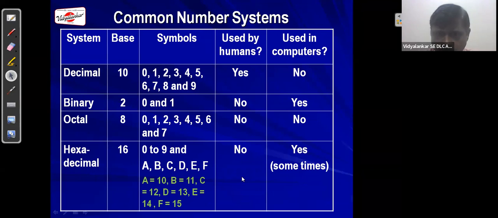It's perfectly all right. There are digits from 0 to 15. But now the problem is that if you say some value like 12, let's take this particular value, then is this value decimal or is this value hexadecimal?